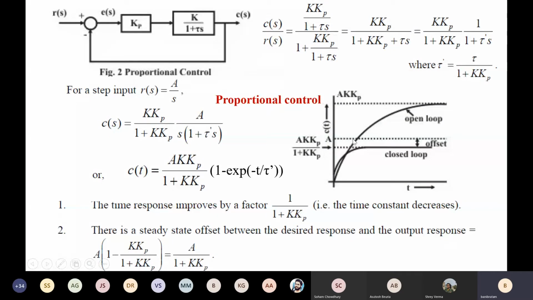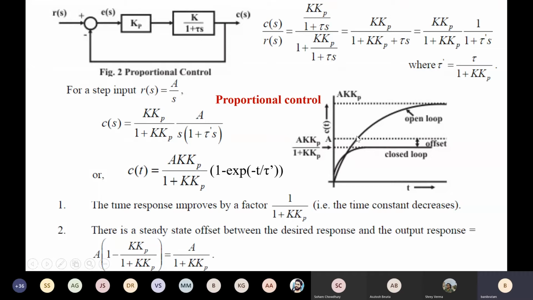So what does it mean? Ideally it should reach A, but because of this output expression, it cannot reach its original input A. Rather, the final value it can reach is up to A K Kp by 1 plus K Kp, which is less than A.